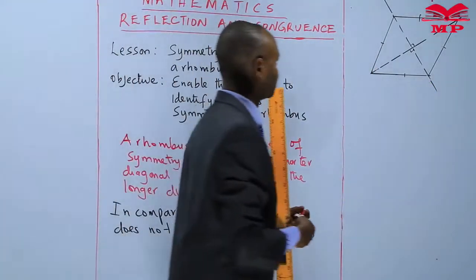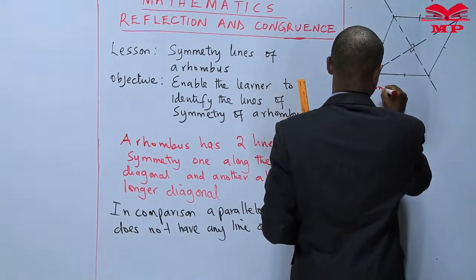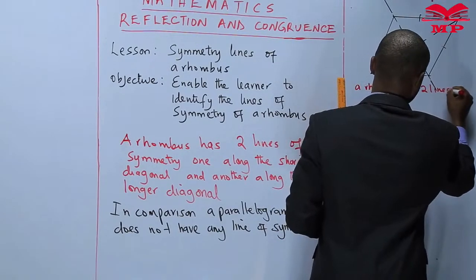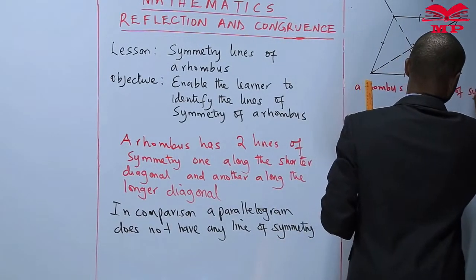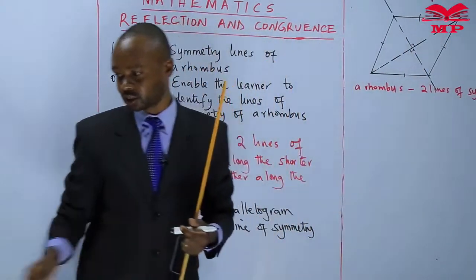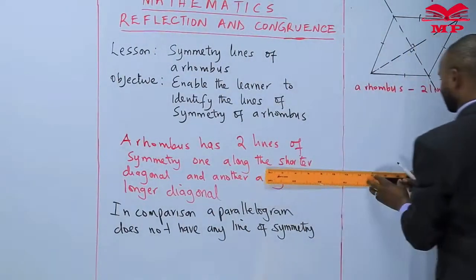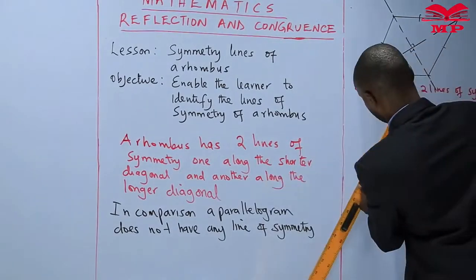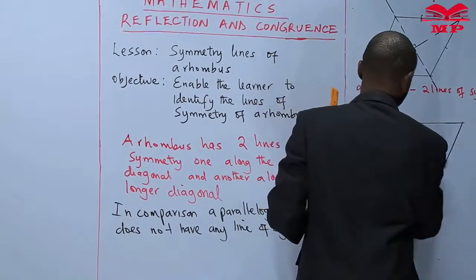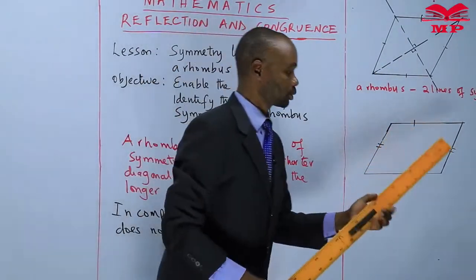So we say a rhombus has two lines of symmetry. You can also draw the parallelogram, its sister quadrilateral. Those two lines just show that this one is equal to that one.